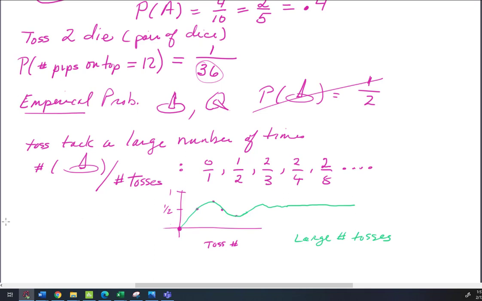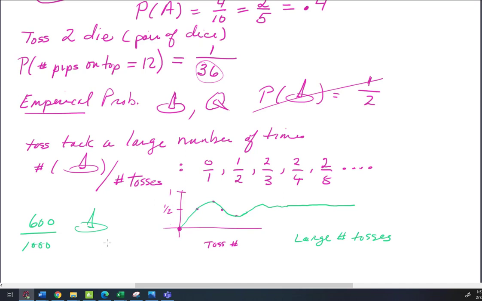And you can think about that easily enough. Suppose that we've got 600 out of 1,000 times it fell that way. Well, then this ratio is 0.6, right? But what's going to happen on the next toss?